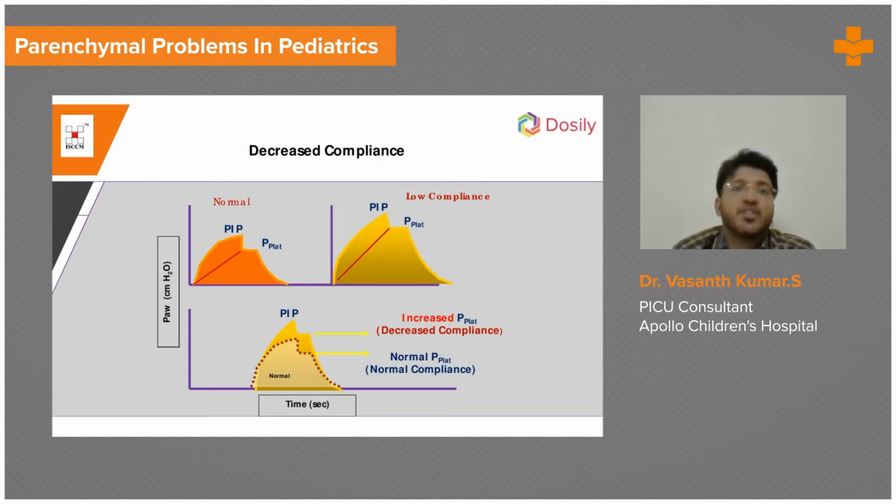This amount of pressure is required for the airway, and this amount of pressure is required for the plateau, which reflects compliance. So when the P plat is high, that means the increase in PIP is probably due to a low compliance problem. Here you can see the P plateau is very high, so the increased PIP is probably due to a low compliance lung. And ARDS and severe pneumonia, as you all know, is again a low compliance state.